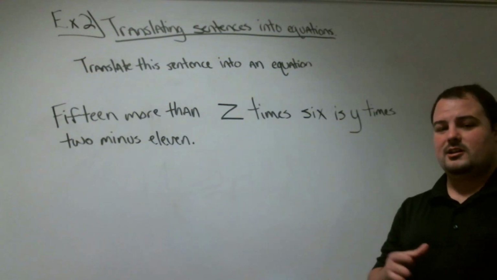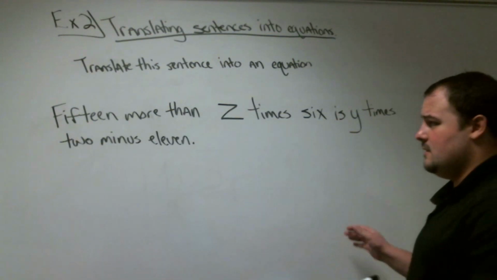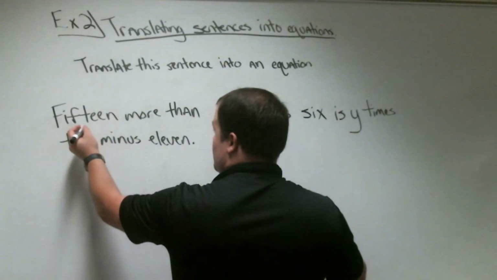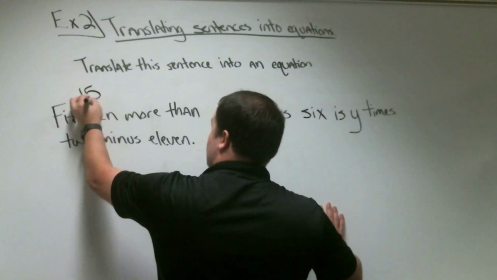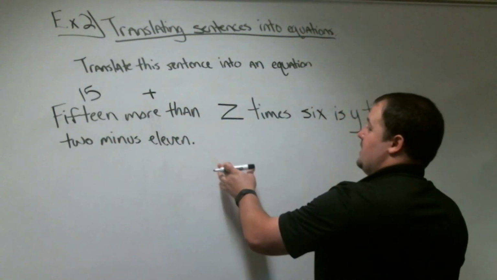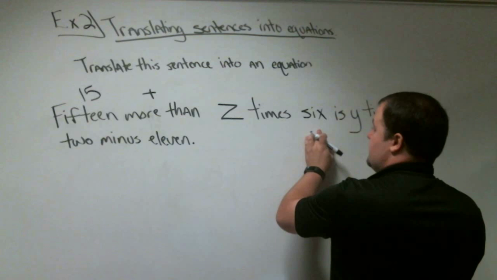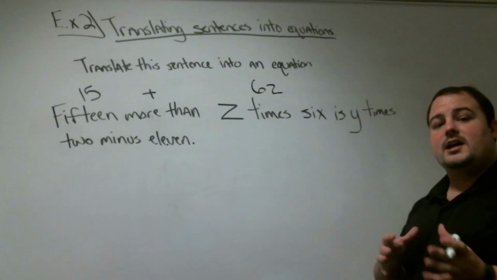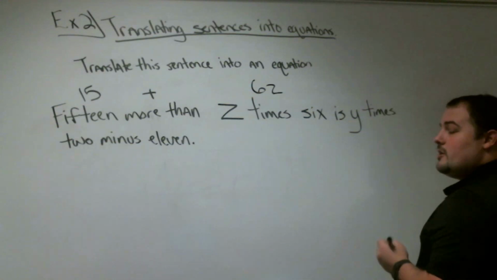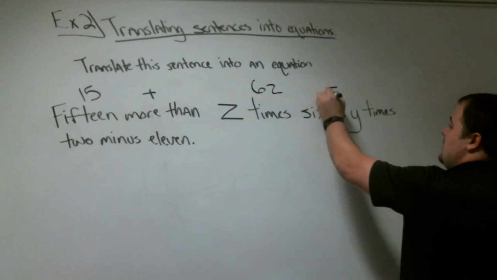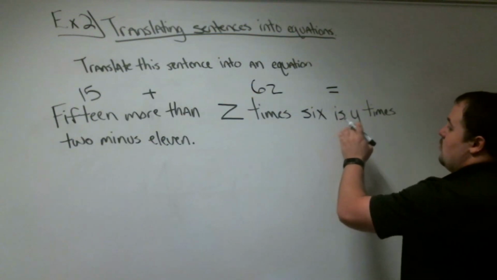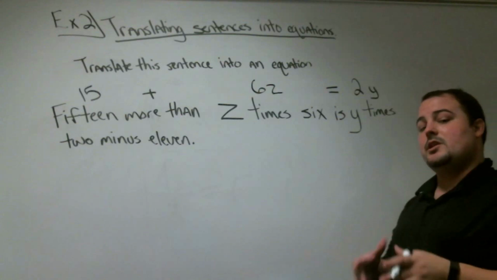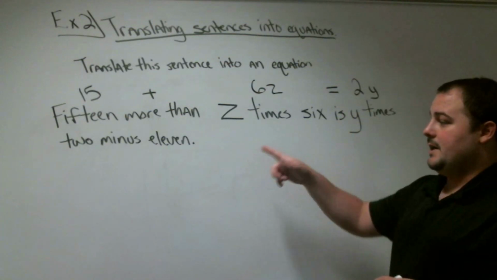So what we do is we're going to think about it breaking up into small pieces. 15 more than z. So we know we're adding 15, because that's what the words more than mean, then z times 6, so I'm going to have 6z, because that shows that I have z times 6. The word is in mathematics actually means equals. y times 2, so I'm going to have 2y, because remember the numbers always go in front of variables, minus 11.